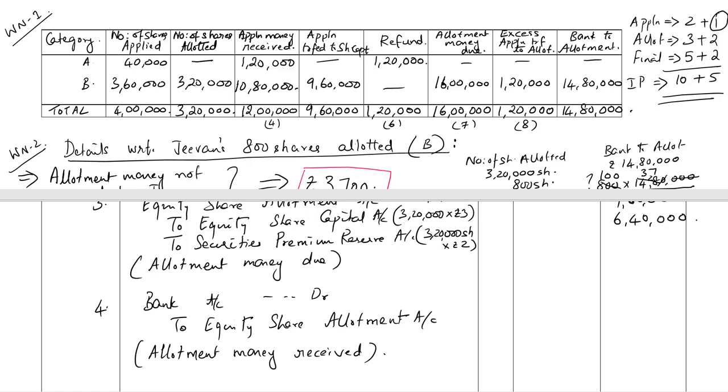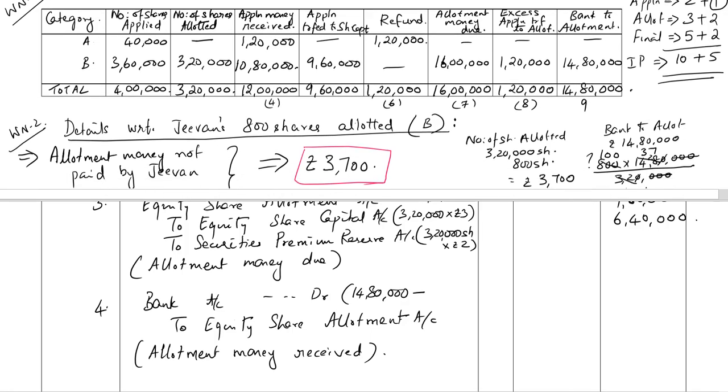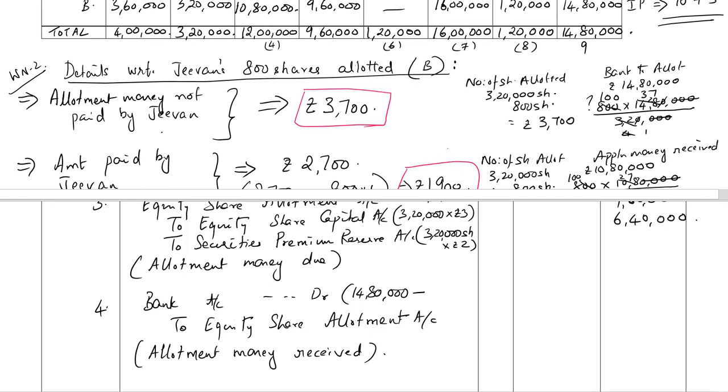The amount to be written against equity share allotment and the bank account is the amount of the 9th column, 14,80,000, minus the amount of allotment money which is not paid by G1, which as per our calculation is 3,700 rupees. So we have the amount as 14,76,300 rupees.